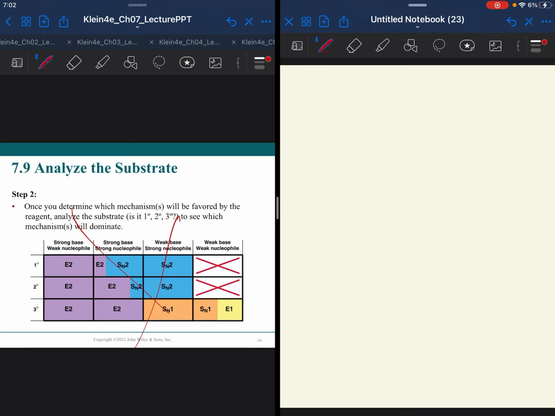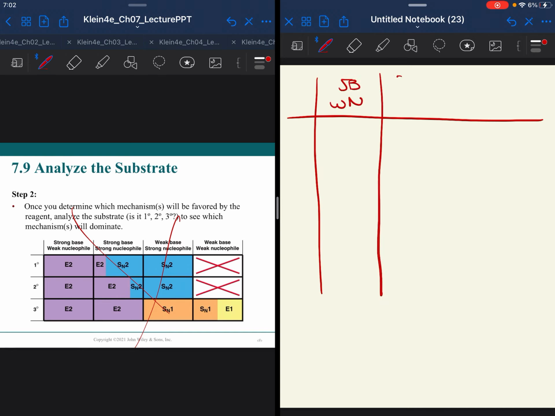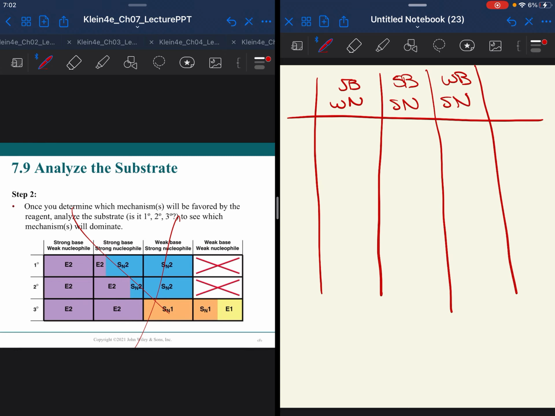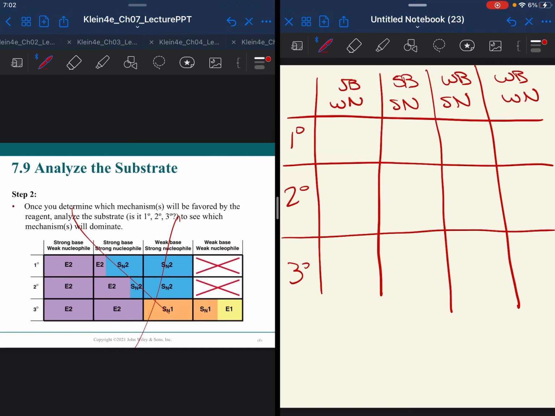You are going to determine if you have a strong base, weak nucleophile, a strong base, strong nucleophile, a weak base, strong nucleophile, or a weak base, weak nucleophile. So you're going to analyze that reagent. Then you're going to look at your substrate and determine if it's primary, secondary, or tertiary. This chart will then help you pick a mechanism.